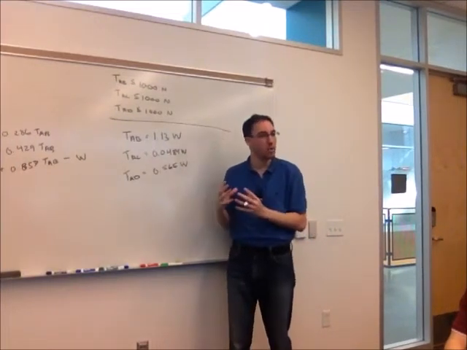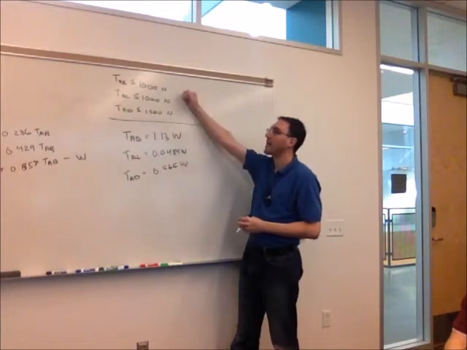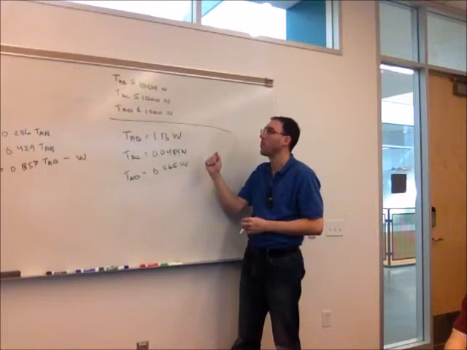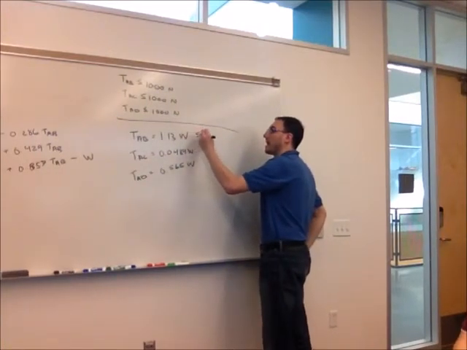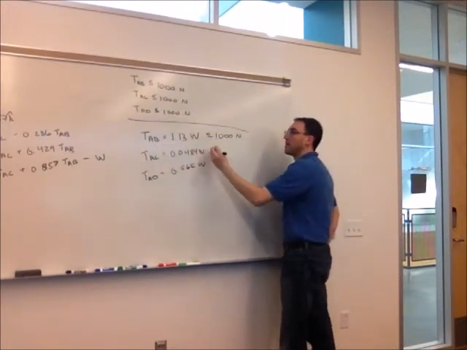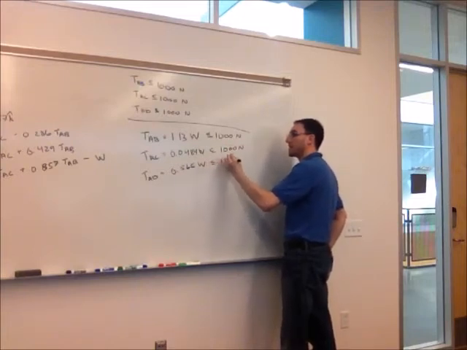Now I want to put it all together. I have the tensions in terms of the applied weight. Now I can use this information. I am told no tension in any one rope can go over 1,000 newtons. So now I can say this has to be less than 1,000 because that is TAB. This is TAC, so this must be less than 1,000, and this must be less than 1,000.